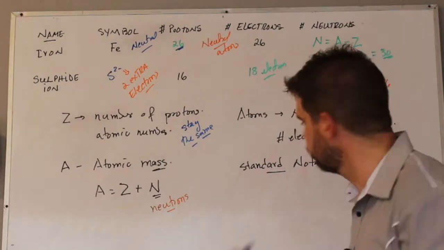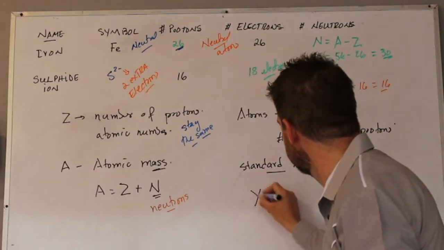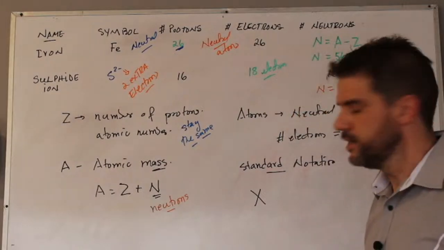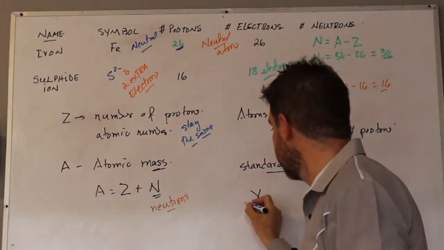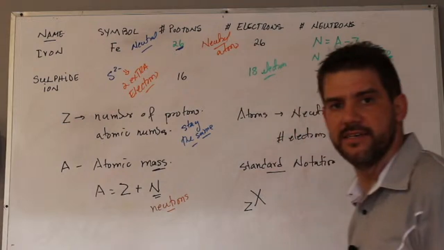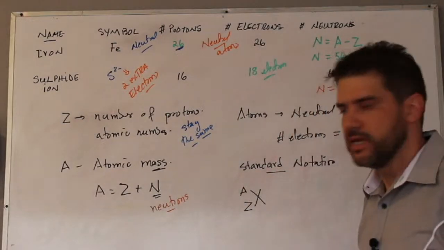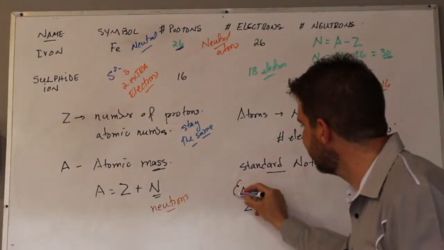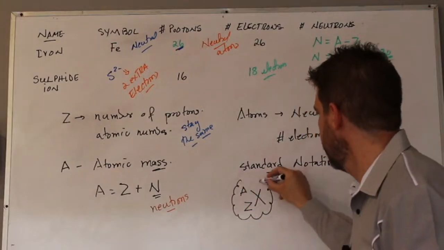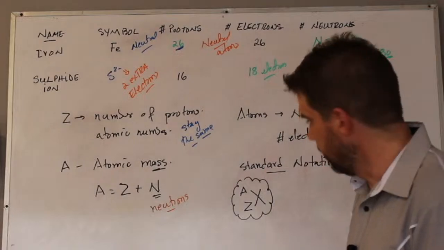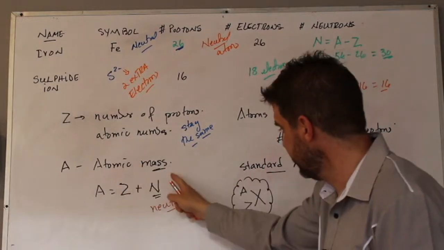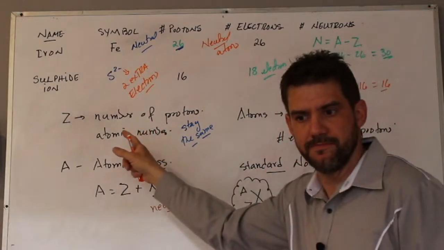You will have the element, the atomic number at the bottom on the left side and the atomic mass on top. This is what we call standard notation, and it is important. Remember, A is for mass, Z is for protons.